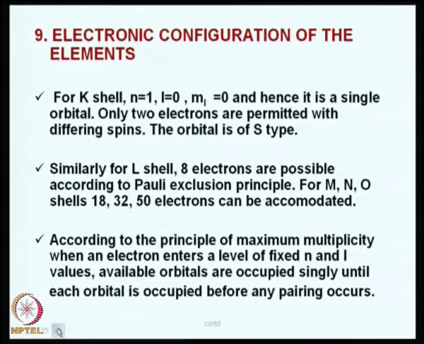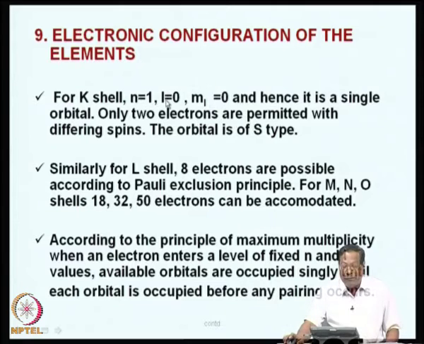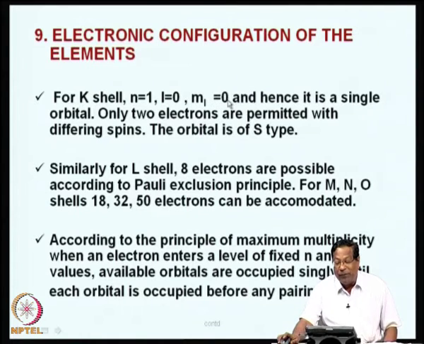So, this gives rise to a plan where we can keep on filling the electrons in and build up the elements. For example, for the K shell, the principal quantum number n would be 1, and l should be n minus 1, that is 0, and ml should have 2l plus 1 values, which corresponds to ml being 0, and hence it is a single orbital.